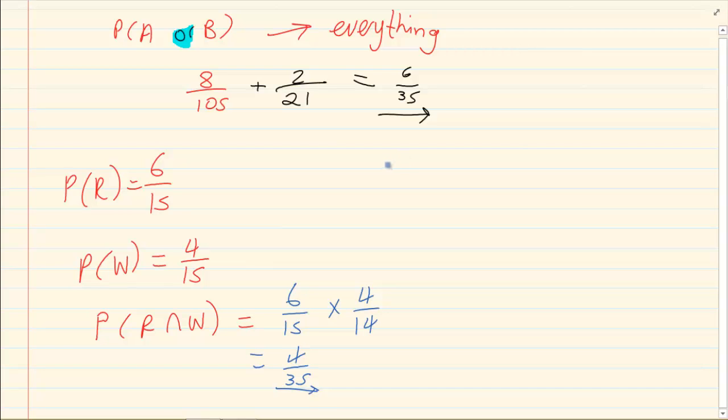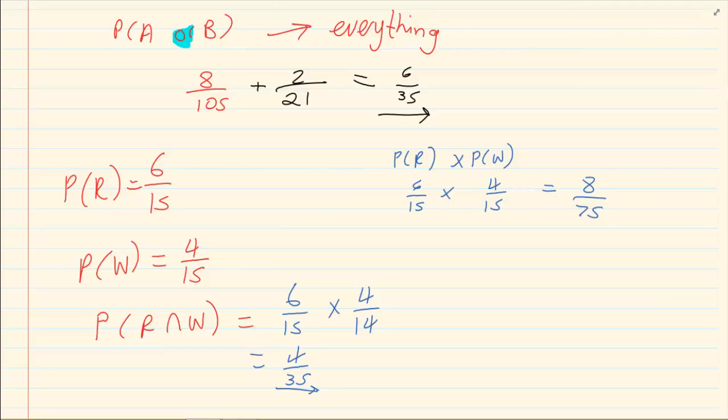Now what is P of R times P of W in their absolute original form? Remember, in the original form, it is what they are at the very first level. At the very first level, what are they at that level? And if I take that and multiply it, I get 8 over 75.